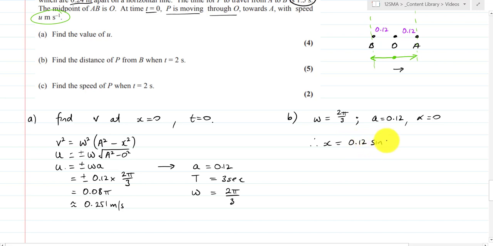0.12 sine of 2 pi on 3 times t, but we've got t equals 2, so it's 0.12 sine of 4 pi on 3, and sine of 4 pi on 3 is equal to negative root 3 on 2.